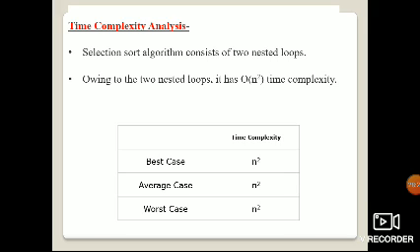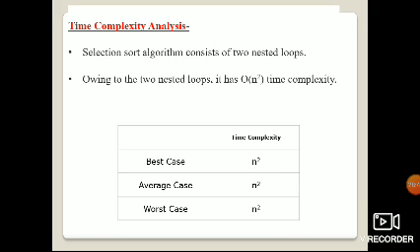In this, the algorithm takes maximum time to execute for a given input size. Average case: the algorithm takes average time, meaning between minimum and maximum to execute for a given input size.